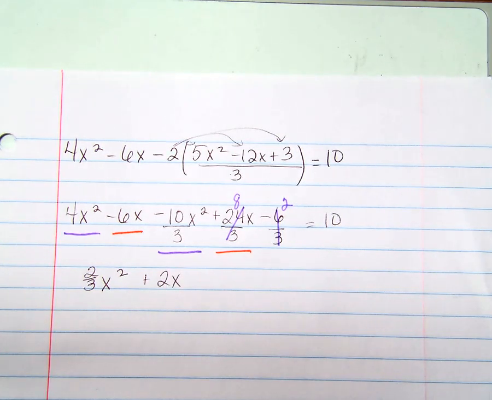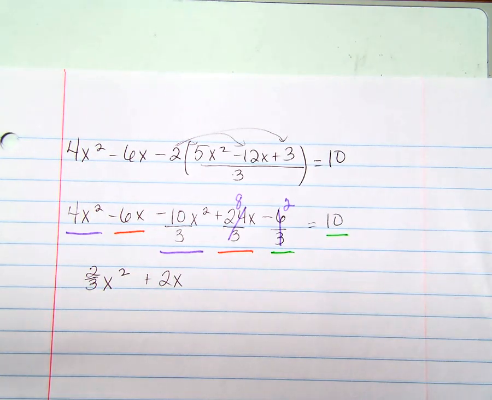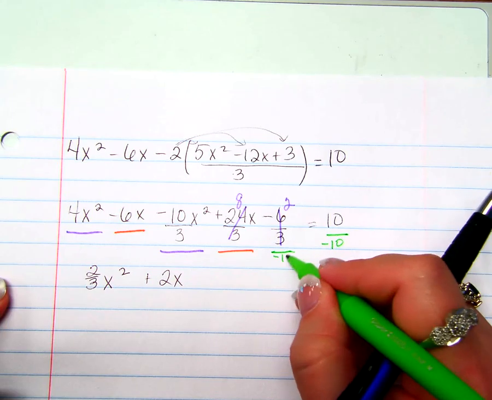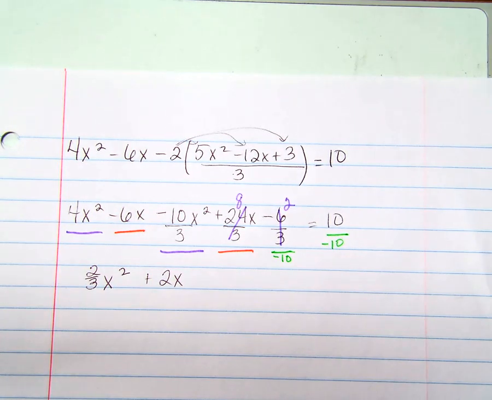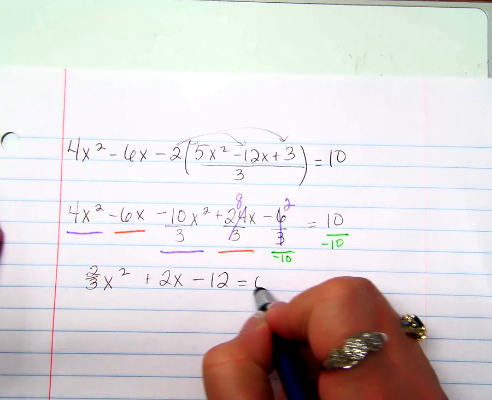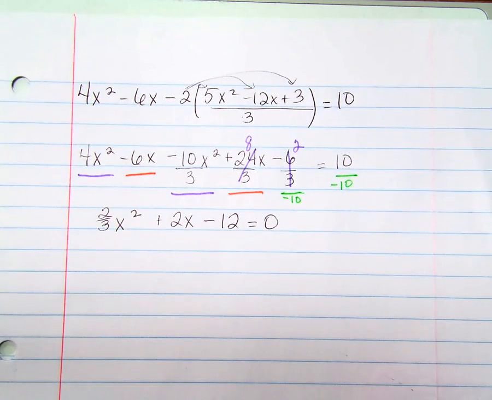And then I have these two numbers, a negative 2 and a positive 10, but they're on opposite sides of the equal sign. So could I at the same time subtract 10 from both sides, so that I get negative 12 equals 0? You okay with that?